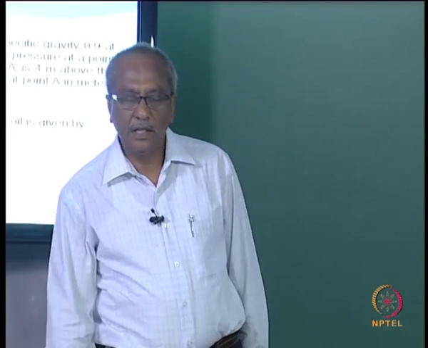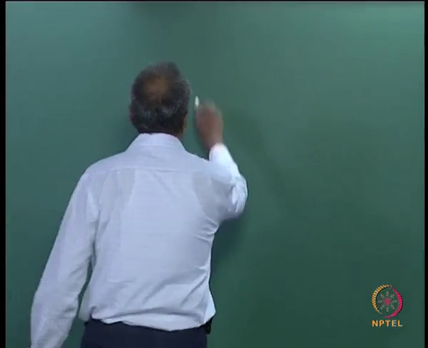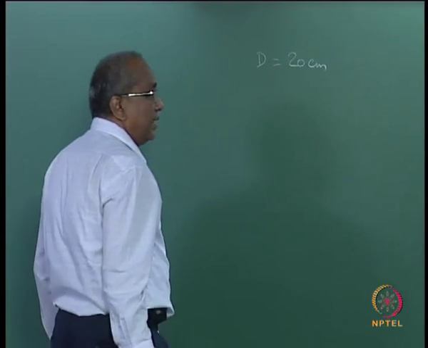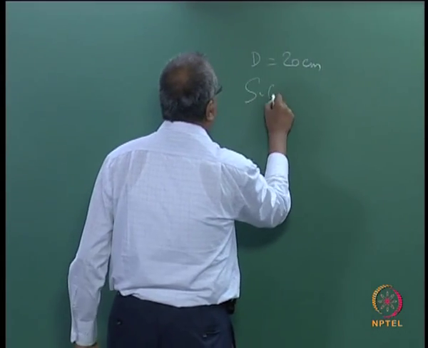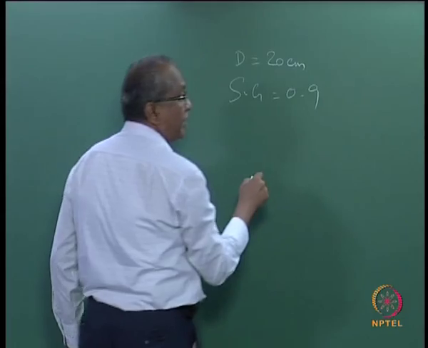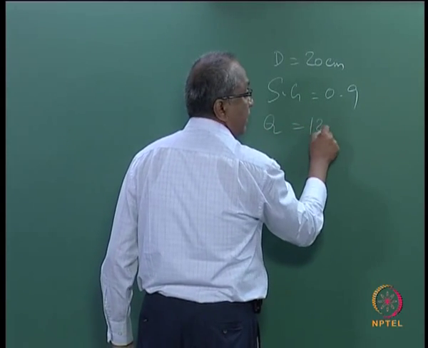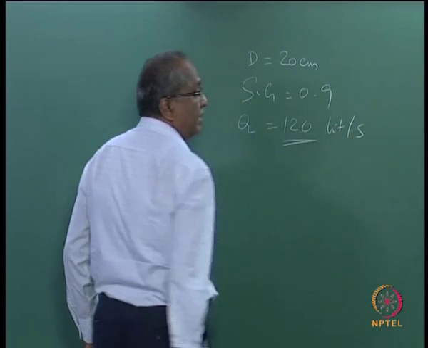Again, now concerning application of your Bernoulli equation, this is a very simple problem. Say the diameter is given as 20 centimeters and specific gravity is 0.9, then you have a discharge rate equal to 120 liters per second.